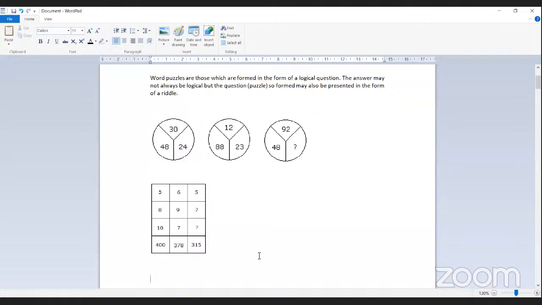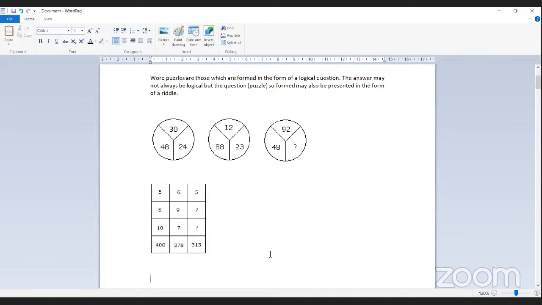This is what you have to do to get the answer. It can be any number of ways of solving. It doesn't always mean it is logical. This one is logical, but it doesn't have to be always. So you have to prepare yourself mentally for that also. It may be illogical also, or less logical than you think.